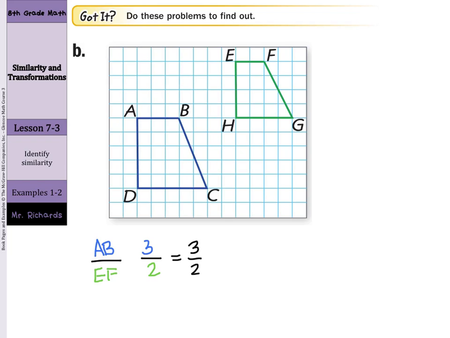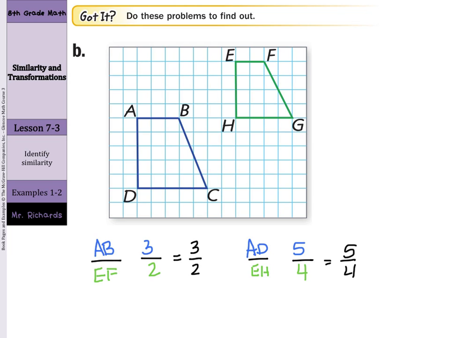And then if we compare our, say, AD to the EH, AD is 1, 2, 3, 4, 5 units long, and EH is 1, 2, 3, 4 units long, and that's 5/4.